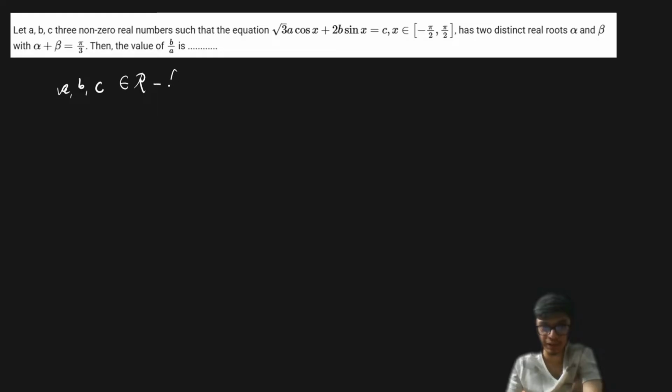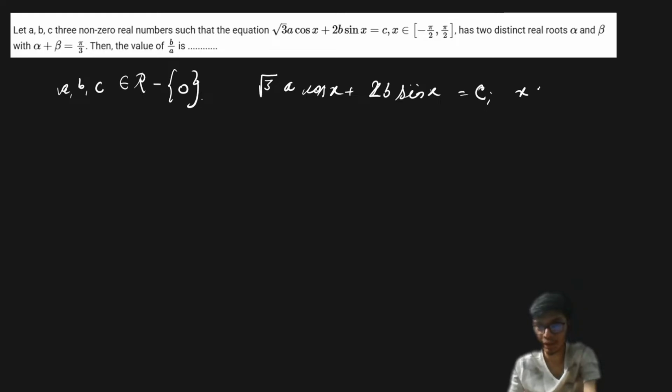The next problem I have is a very interesting problem. It is said that a, b, and c belong to the non-zero real numbers, such that root 3 a cos x plus 2b sin x equals c, for x lying between minus pi by 2 and pi by 2.